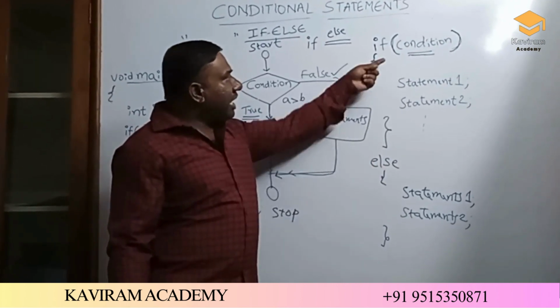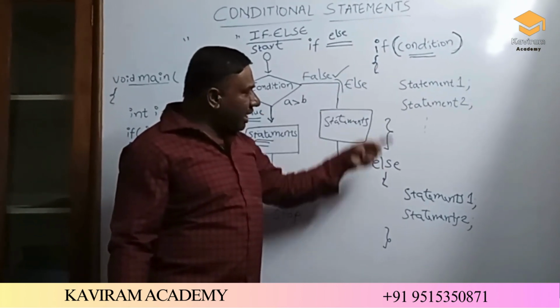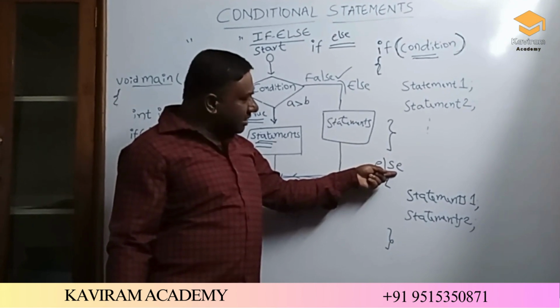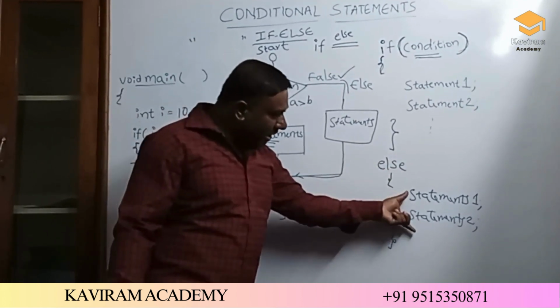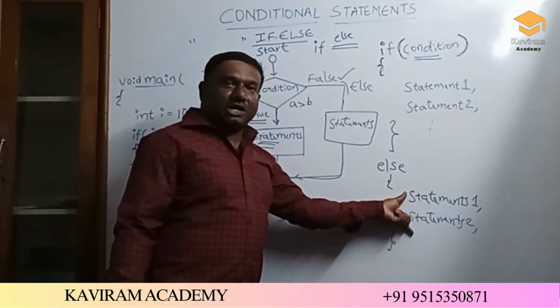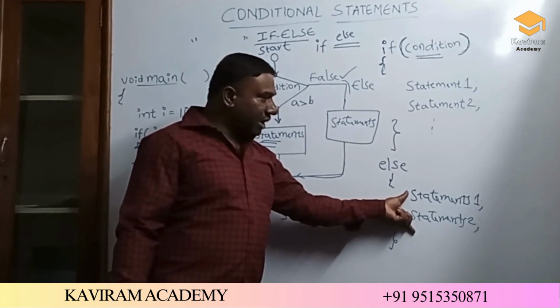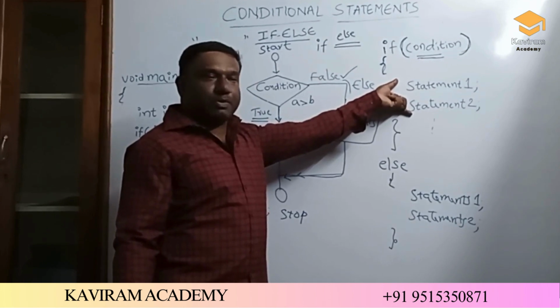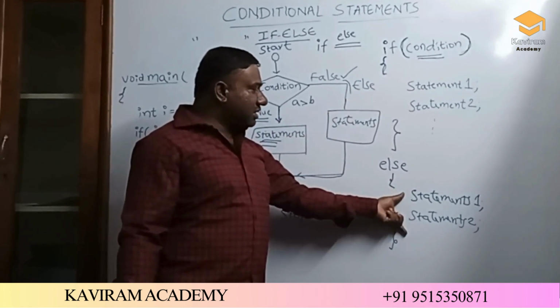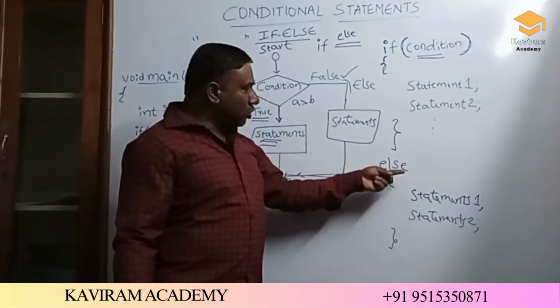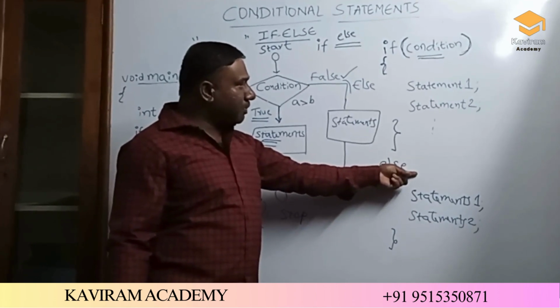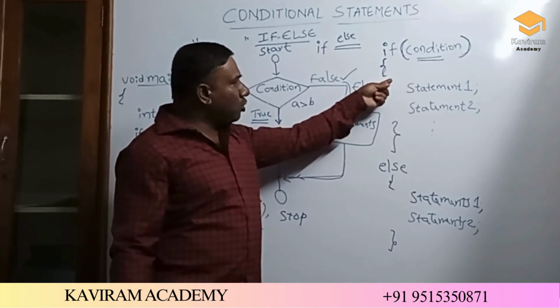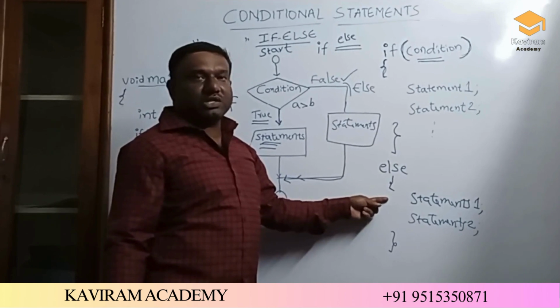If the condition is false, then your C processor goes to this else statement and executes the statements present in the else part. So if the condition is true, these statements will be executed. If the condition is false, these statements will be executed. No condition is checked in the else part. If the if is not true, it automatically comes to this else.